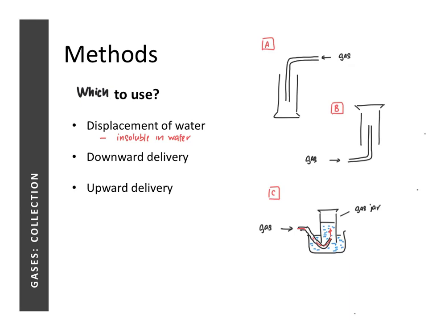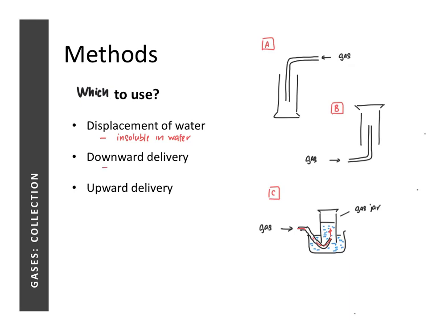What happens if the gas can dissolve in water? Then we cannot use it, because when the gas passes through water, it dissolves in it and is not collected. So for gases that are soluble in water, we can only use downward delivery or upward delivery. Now, which one to use?